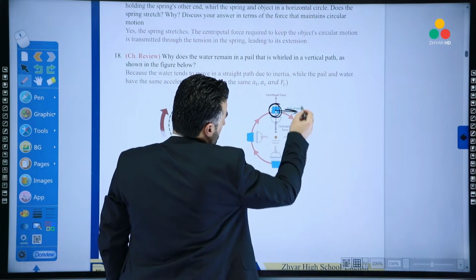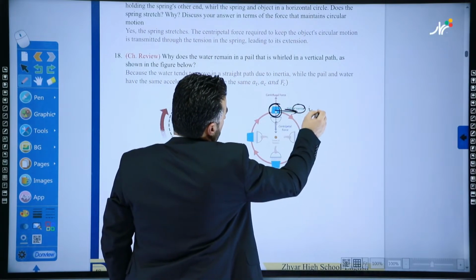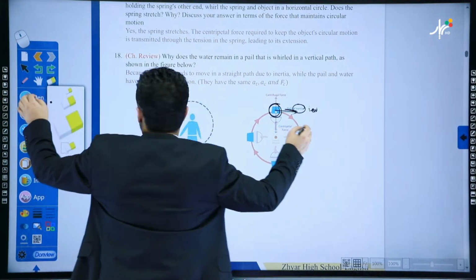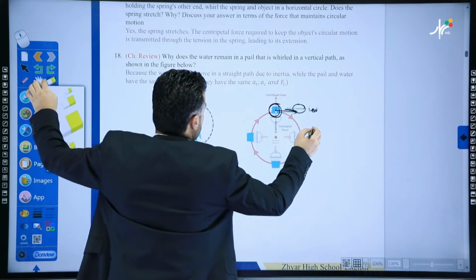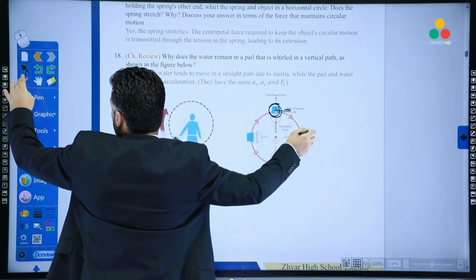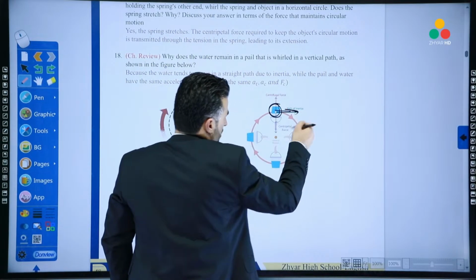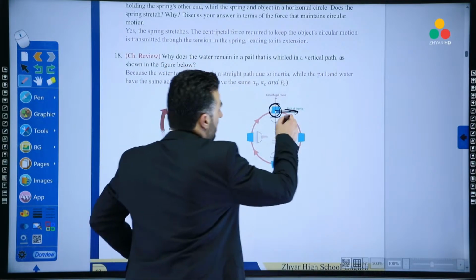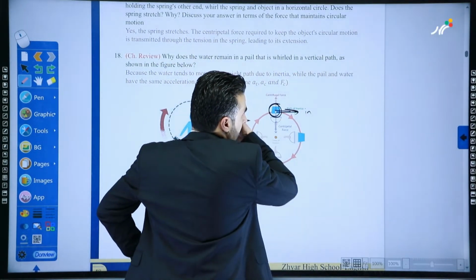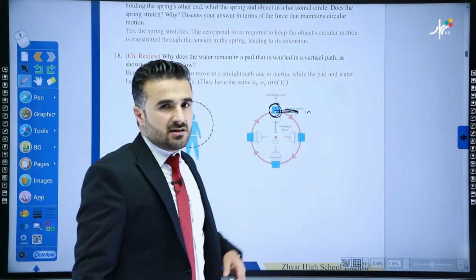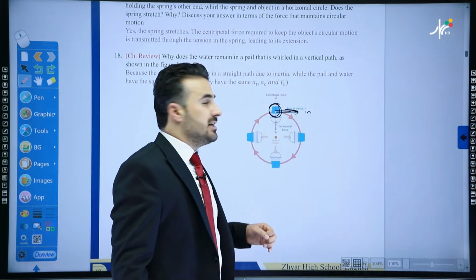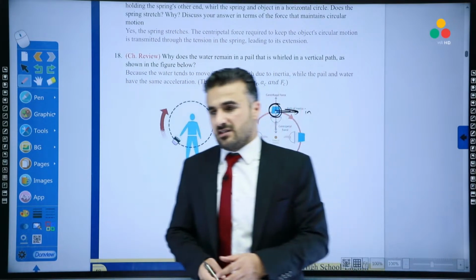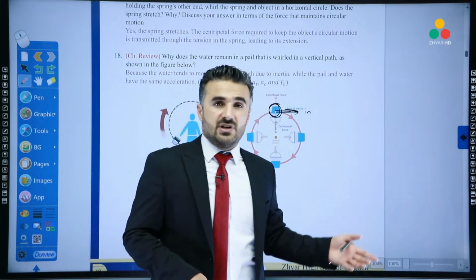So inertia, which is the resistance of an object to a change in its state of motion.